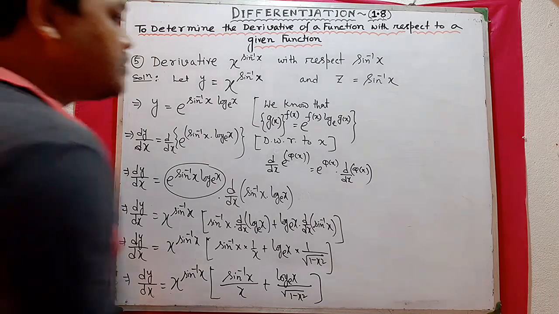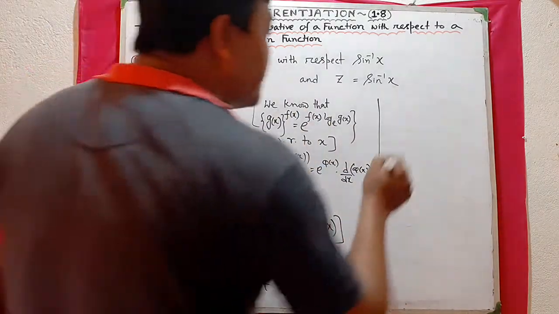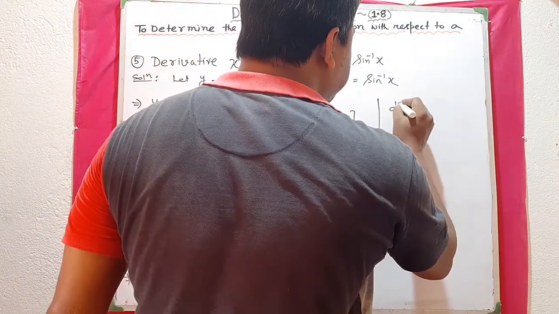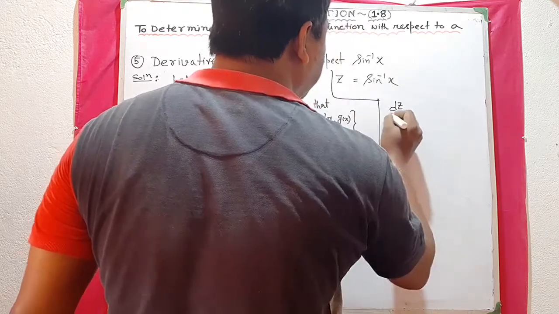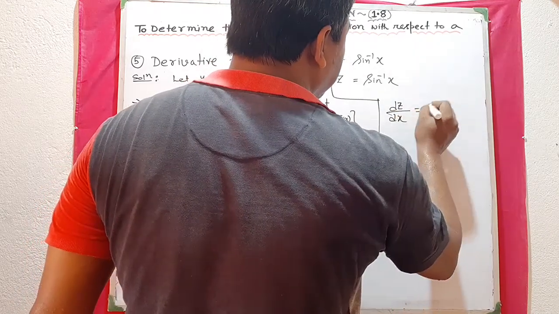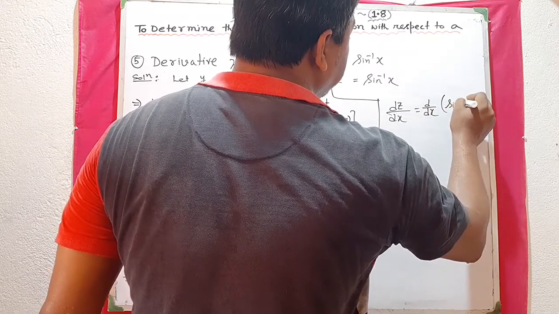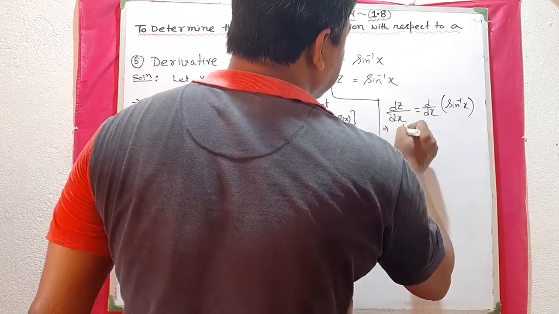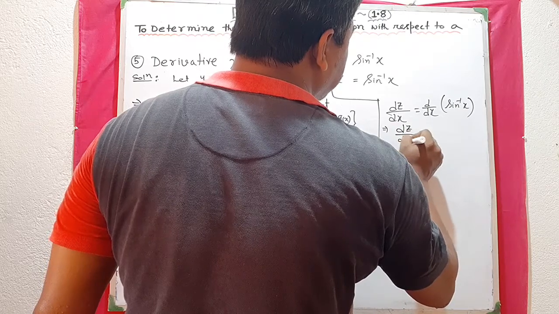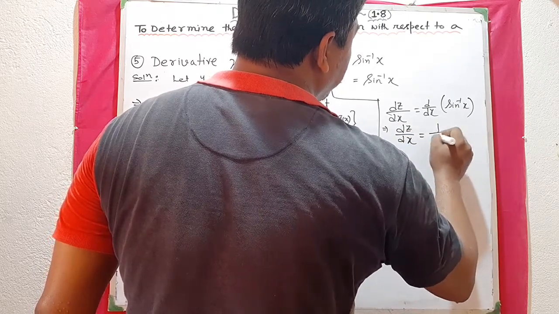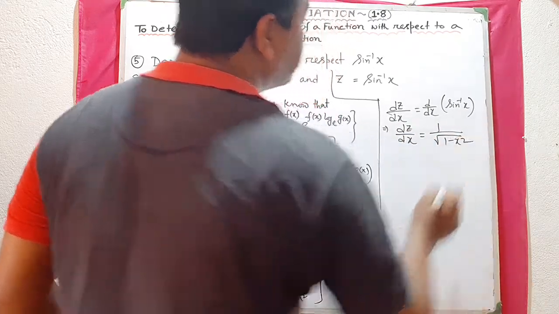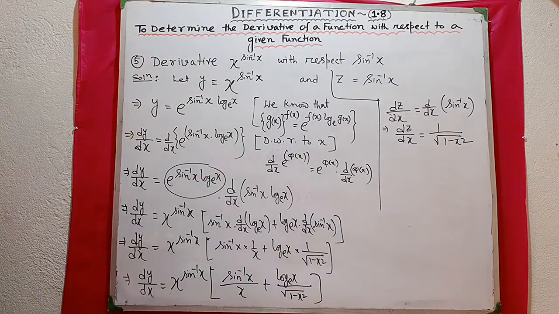Clear? So similarly, z equals to sin inverse x, dz dx equals to ddx of sin inverse x. So dz dx equals to 1 by square root of 1 minus x square. Clear?